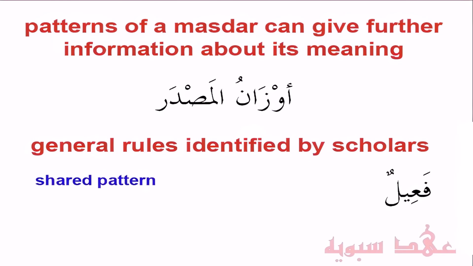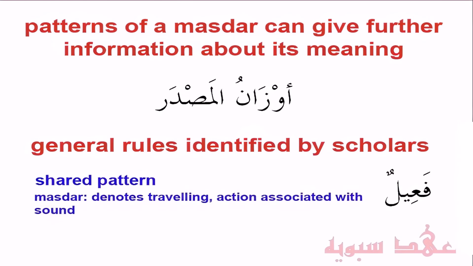So I want to speak about this pattern being a masdar. And when it's a masdar, scholars have identified that this pattern denotes a relation to traveling and an action associated with a sound. So for example, rahil means departure or traveling.